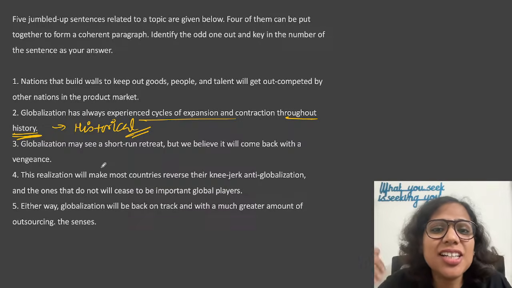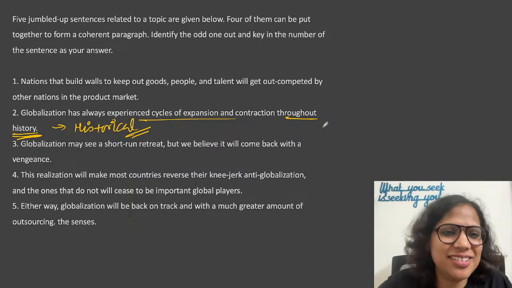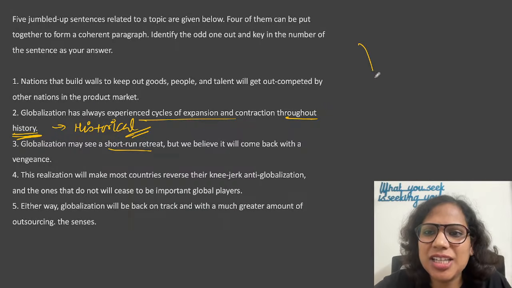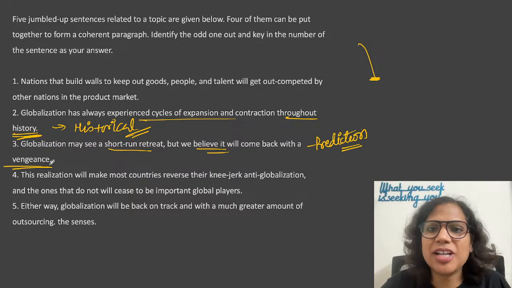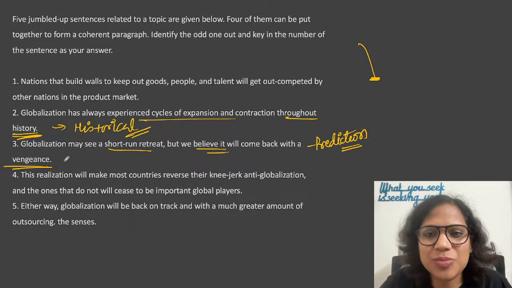Whereas our current situation, again, the paragraph itself is a cycle, right? That अभी short run में ठीक है, globalization has witnessed a retreat, ठीक है, अभी decrease हो गई है, but we believe it will come back with a vengeance. Okay, it will come back stronger, as if it is trying to avenge something.